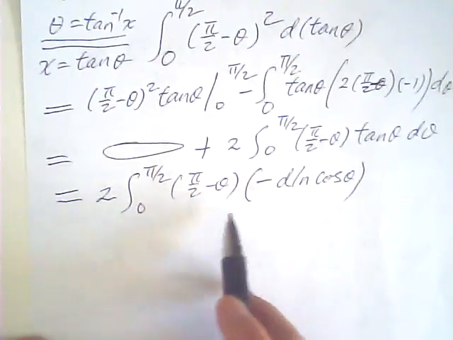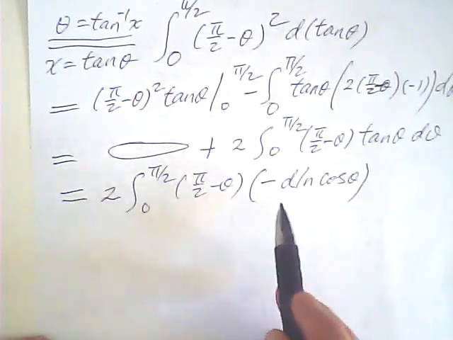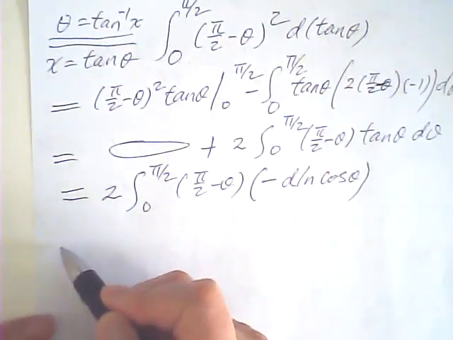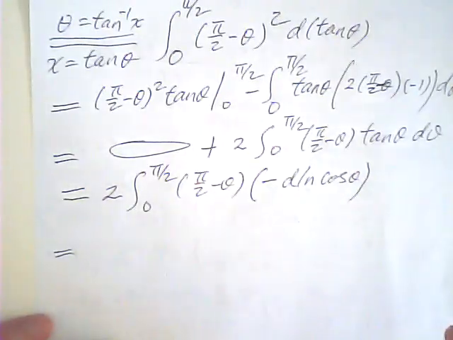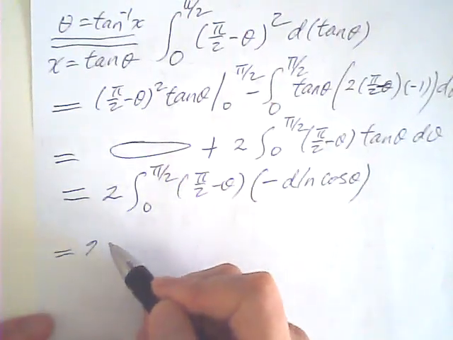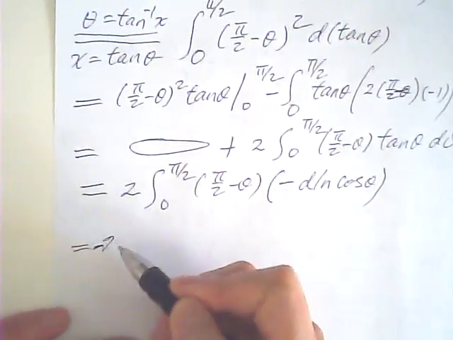Now it's by parts. u dv, right? So this one is equal to uv, negative. Forget negative.